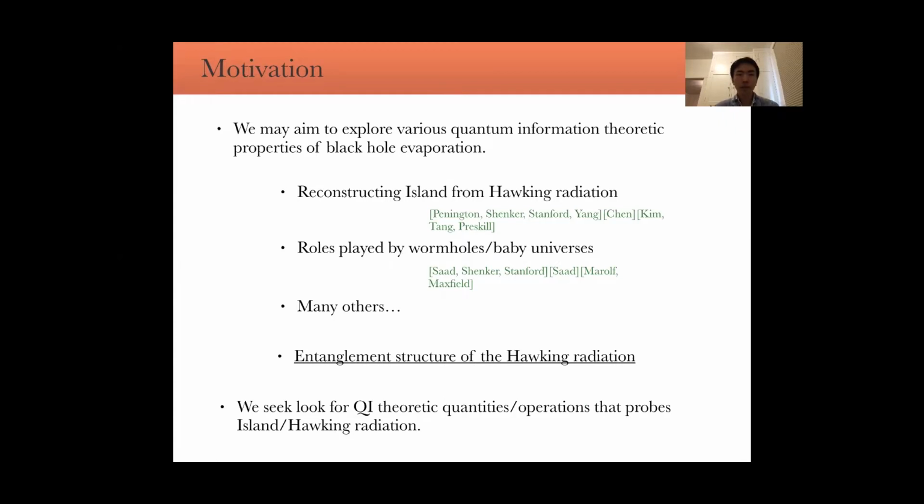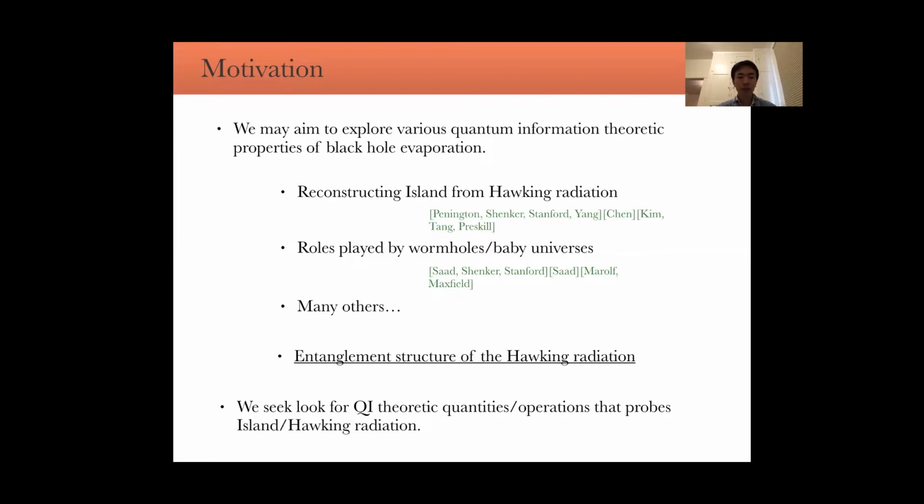But the resolution of the black hole information paradox is not the end of the story. There are many other interesting directions to research, and a long list of things to do. But in my talk, I will focus on one research direction, the entanglement structure of the Hawking radiation.